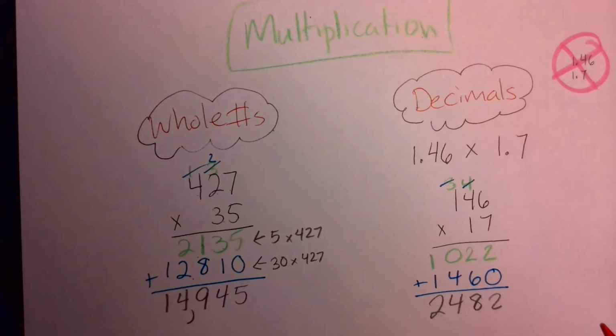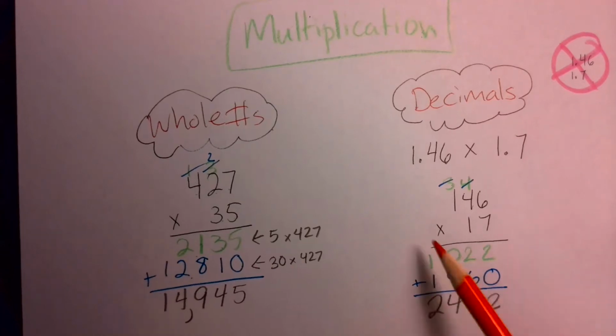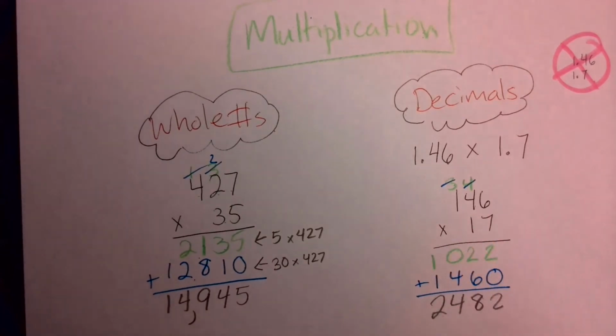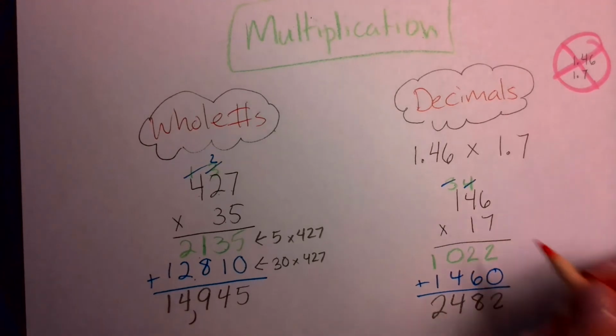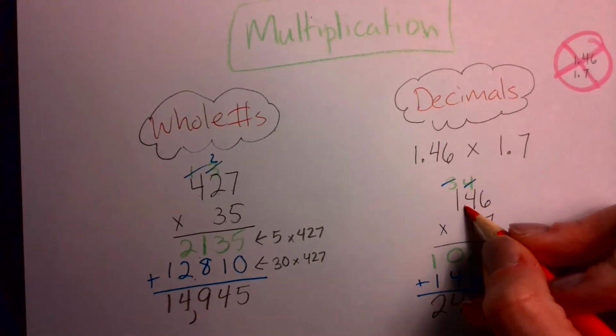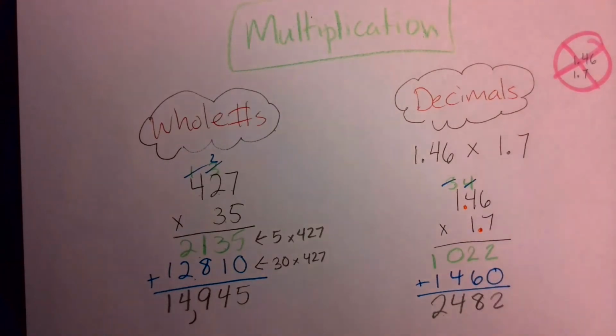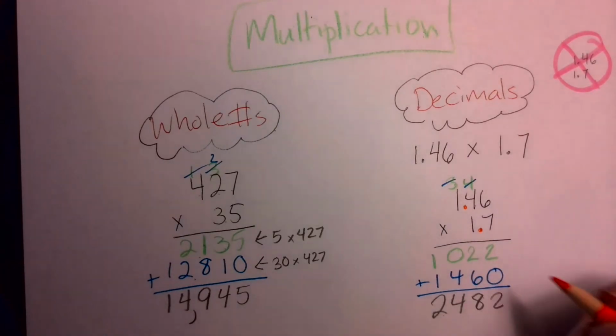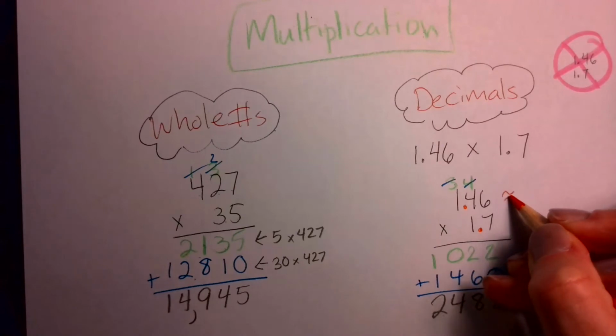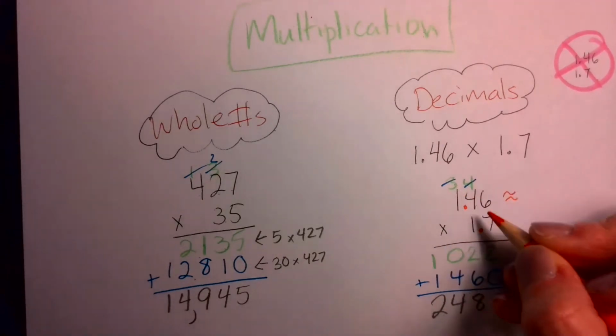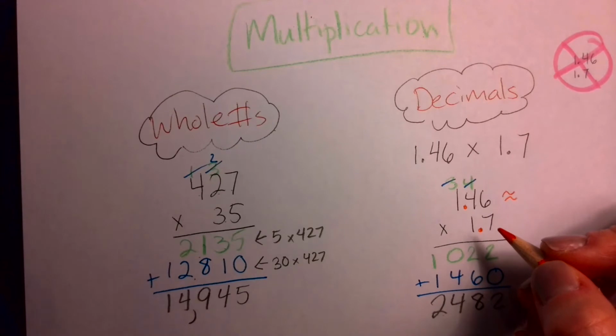But this can't be our final answer because we need to consider what these digits' values actually are and what we would get when we multiply them. So I'm going to insert the decimals back in the final product. What we can do is estimate that this is about how much. The easiest thing to estimate are whole numbers.